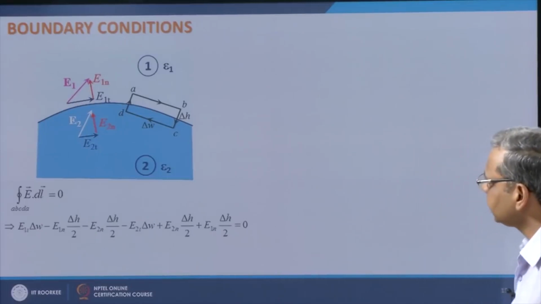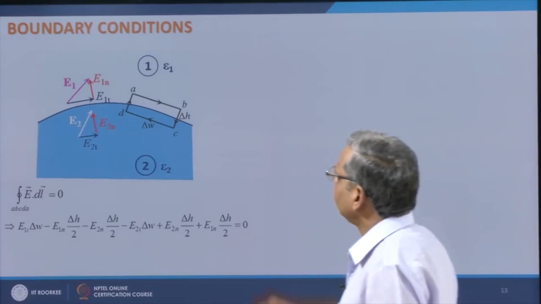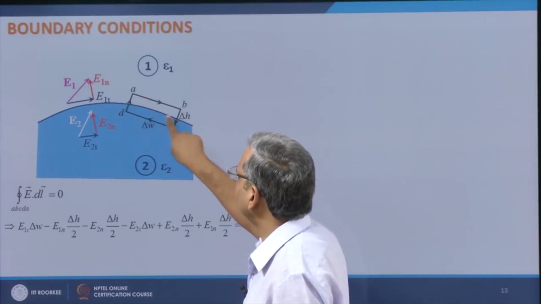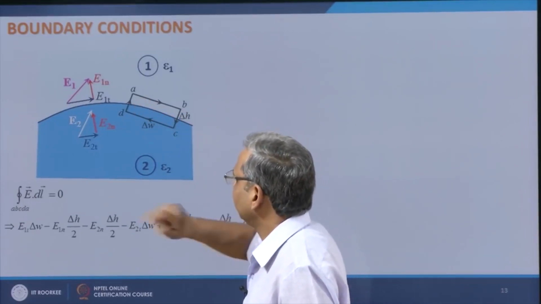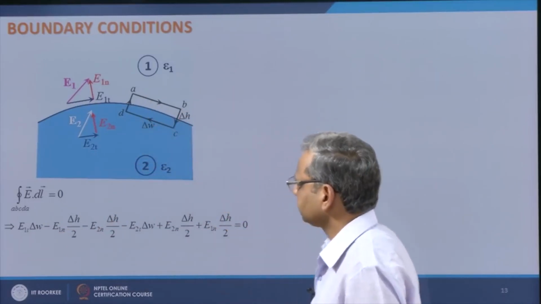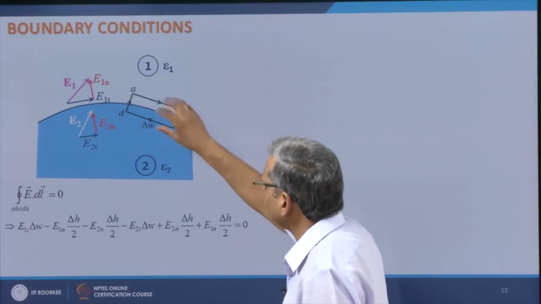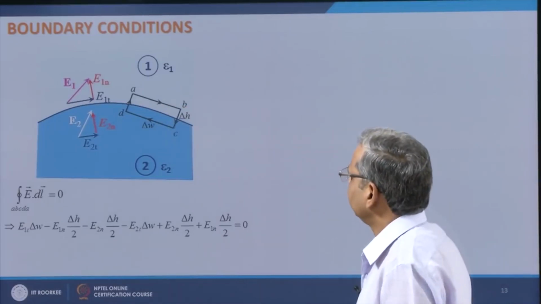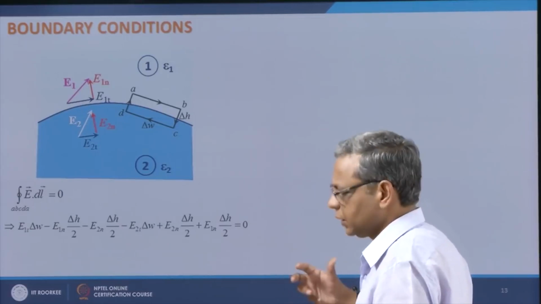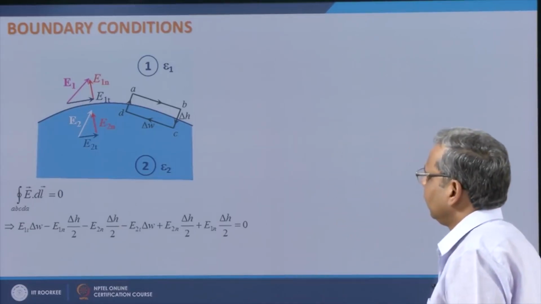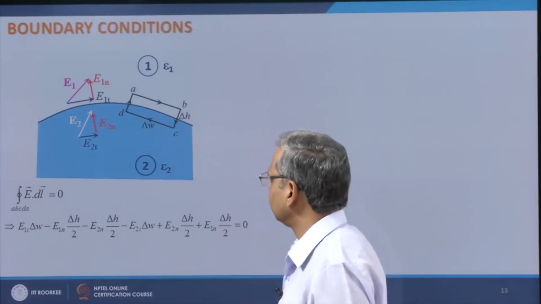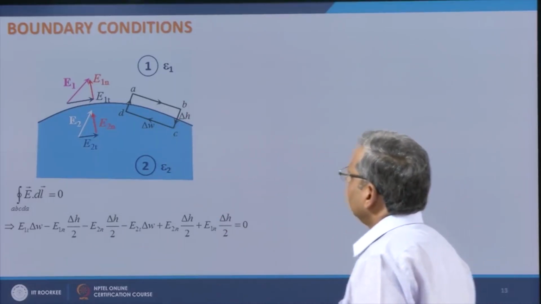If I apply this, I go from A to B, and I need to take the tangential component to the surface. So, it is E1t times delta W, the path. This is a very small loop, so that it can represent a point when delta W and delta H tend to 0, and a surface and an interface when delta H tends to 0.